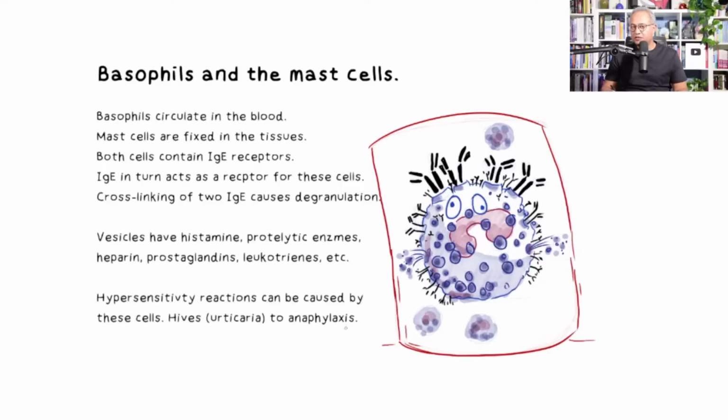Then is the basophils and mast cells. Just like monocytes and macrophages. What do you think is the difference between monocyte and macrophage? Monocyte stays in the circulation and can get into the tissue, where once it gets in the tissue, a monocyte will become a macrophage or a dendritic cells.